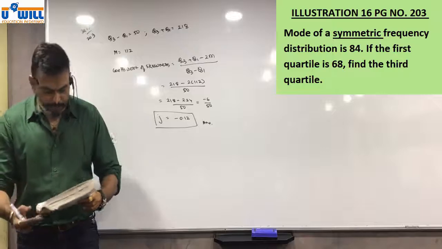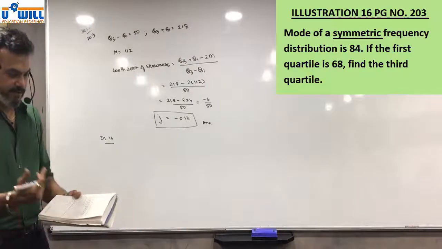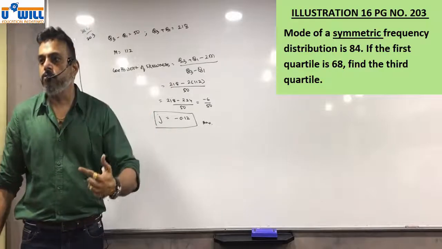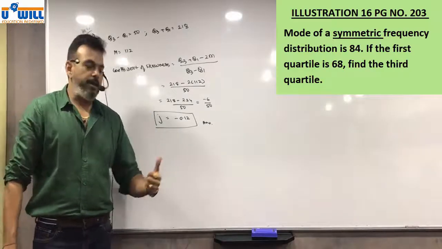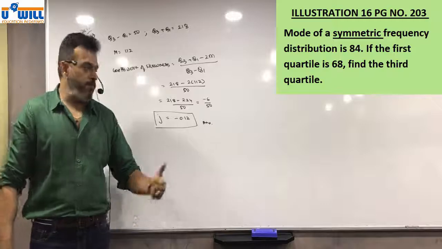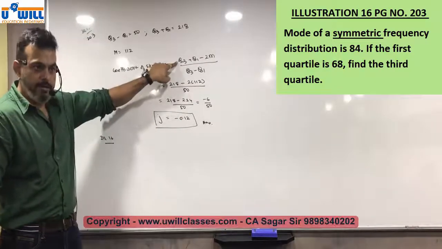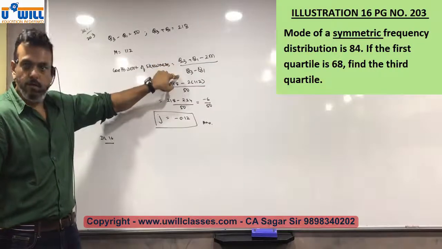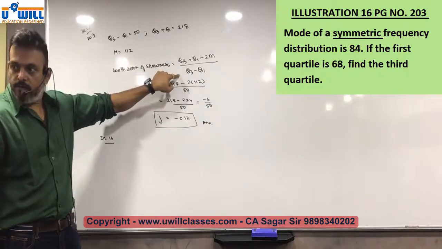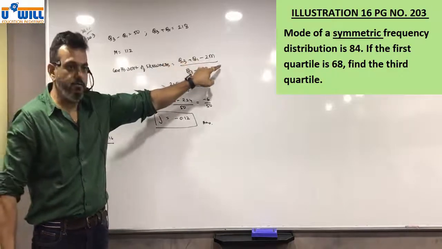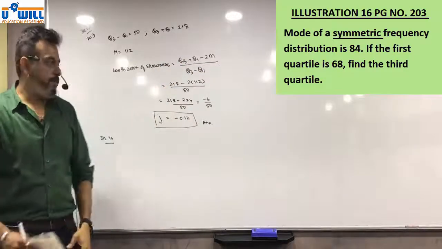Let's find out. Now instead of using J is equal to 0, you can also use Sk is equal to 0. Although since it's an illustration, we'll follow the textbook. Got it? Because if this is 0, then the whole thing is 0. Understood this? Skewness is 0, so Q3 plus Q1 minus 2M is also equal to 0.